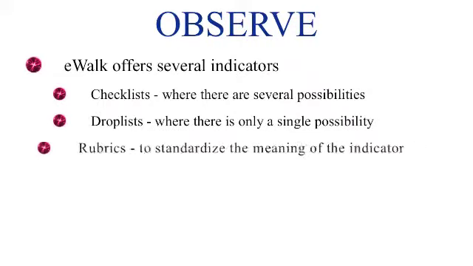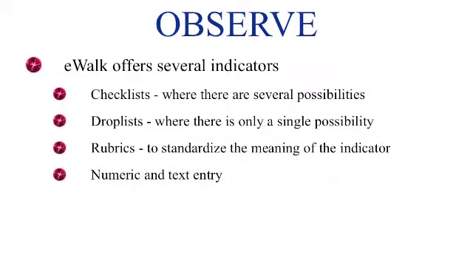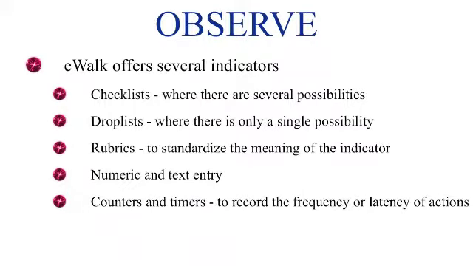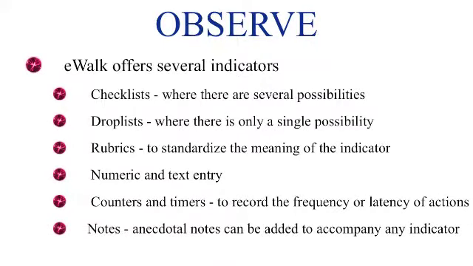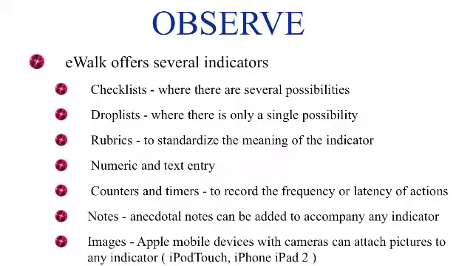We have drop lists, rubrics, numeric and text entry, counters and timers, notes for making anecdotal comments. If you have an Apple mobile device with a built-in camera, you can also attach photos to the components.